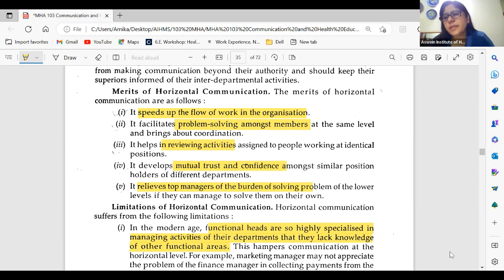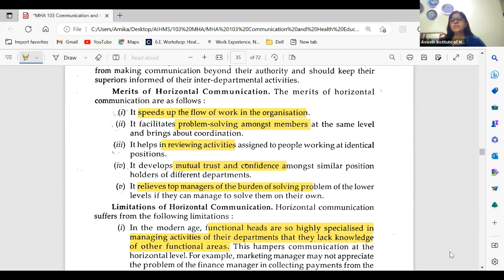For example, there is a budget department and a program department, the finance department and a program department. When they communicate together, they can understand, as we all know March is coming, what is unspent or where it can be spent. They can strategize the budgeting. So this is very helpful.